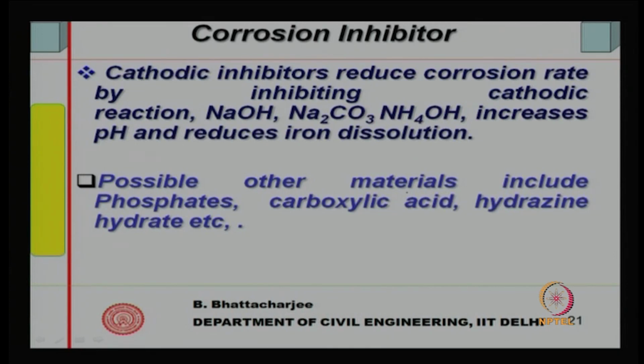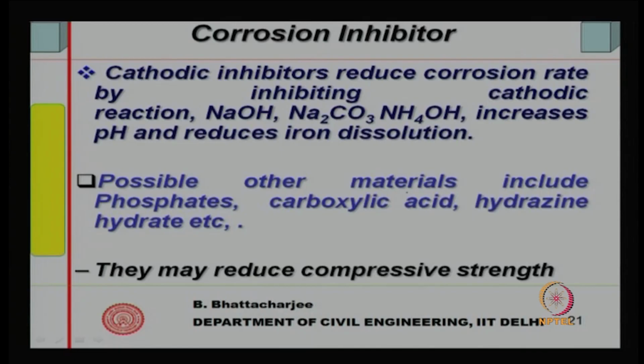Phosphates, carboxylic acid, hydrazine hydrates, etc. Hydrazoic acid is HN3, hydrogen and nitrogen. NH3 is ammonia, this is HN3. So, hydrazoic acid and hydrazine hydrate are some of the compounds from it. But it has been observed that some may reduce the compressive strength.